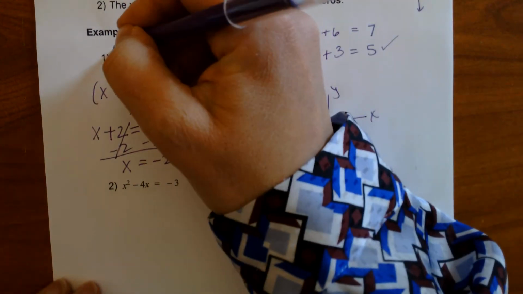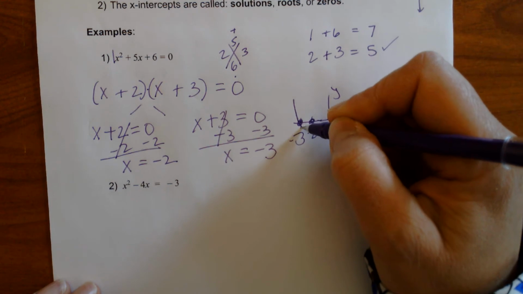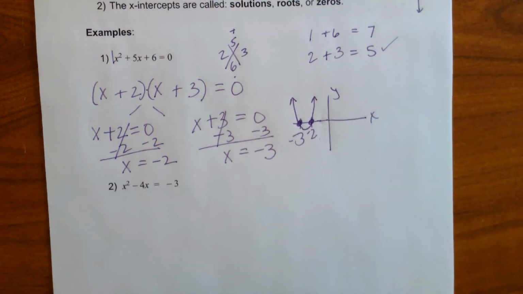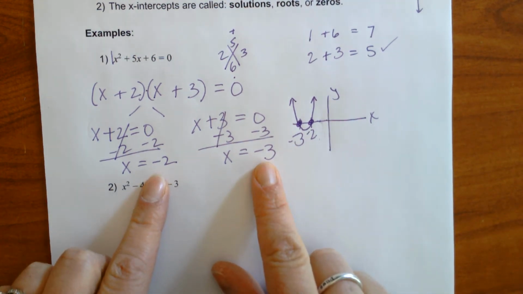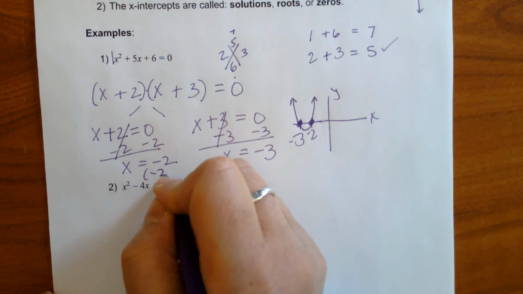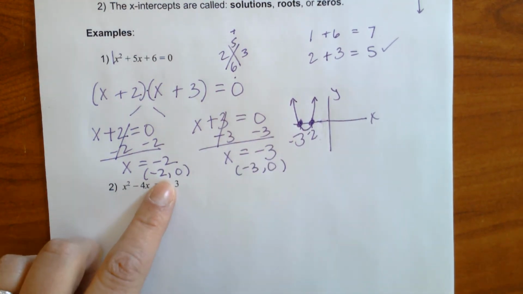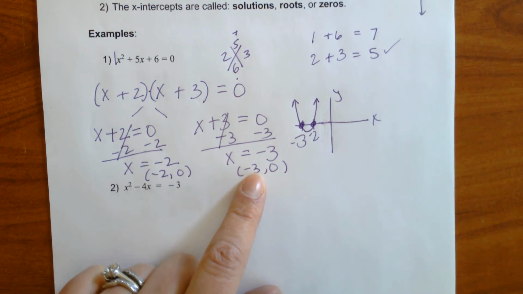We also know, since this is positive 1 here, that it's going to go up. Remember, A is 1, it goes up. So we know what it looks like. We can draw a sketch of this just based upon our x-intercepts. And you know I do like to write these in point form. So our intercepts are negative 2, 0 and negative 3, 0.